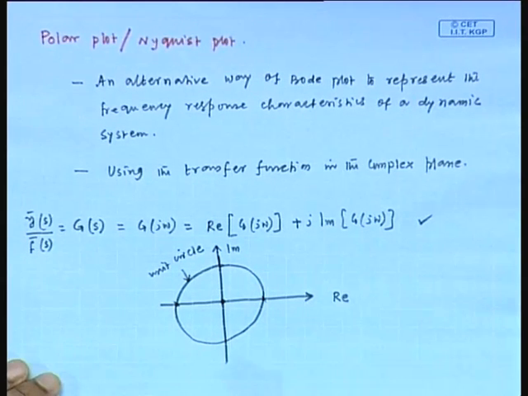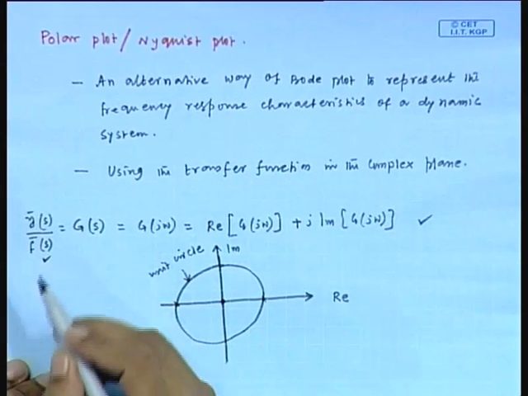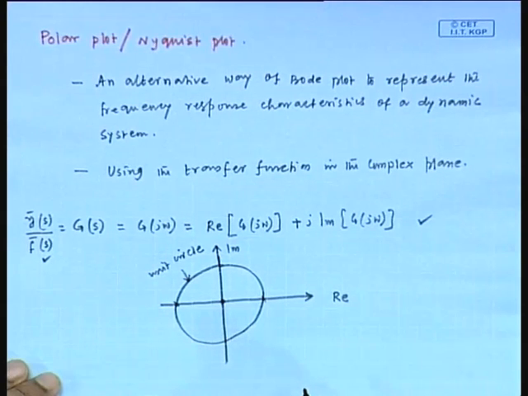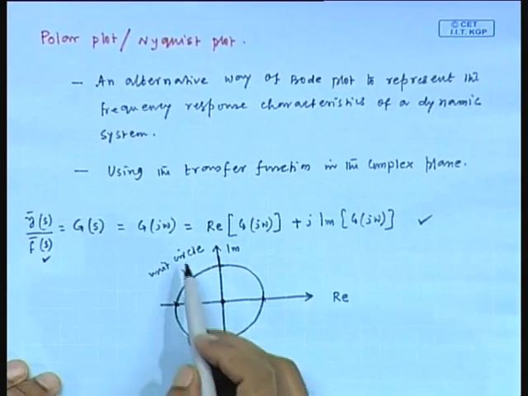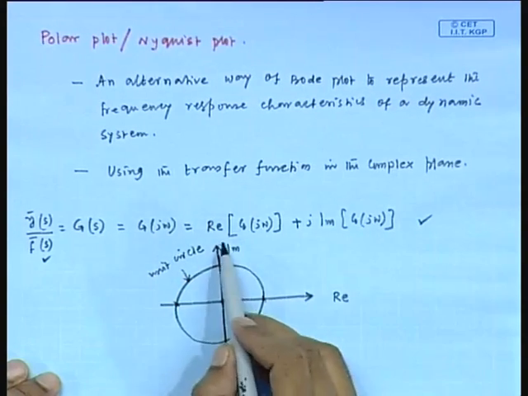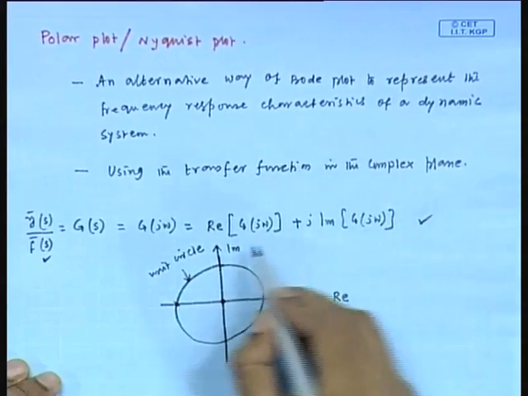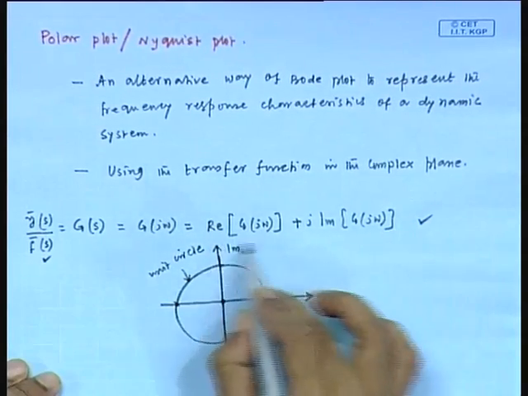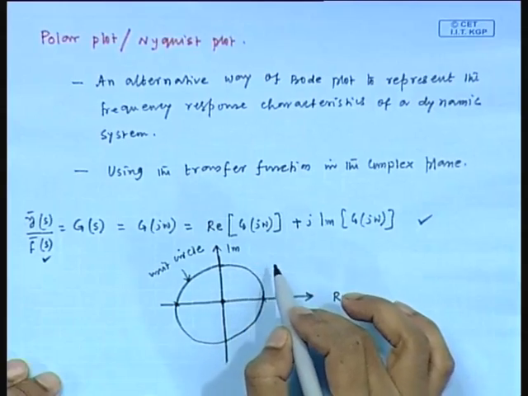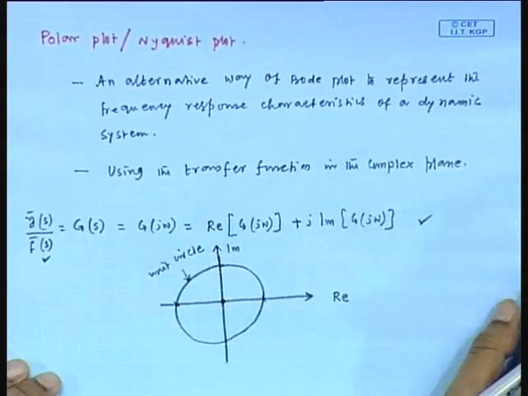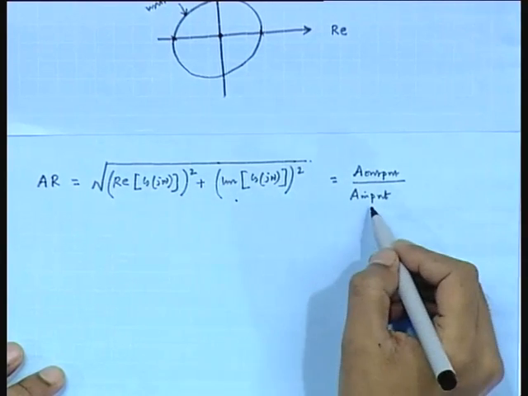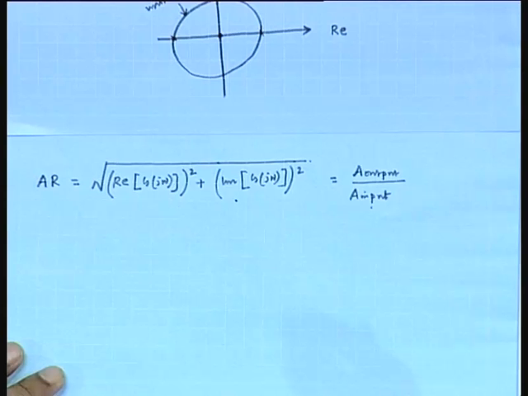Agree? Here what is the amplitude of F(s)? 1, because we can write this term divided by 1. I can write this term divided by 1 plus j multiplied by 0. That means amplitude of output is this, amplitude of input is 1.